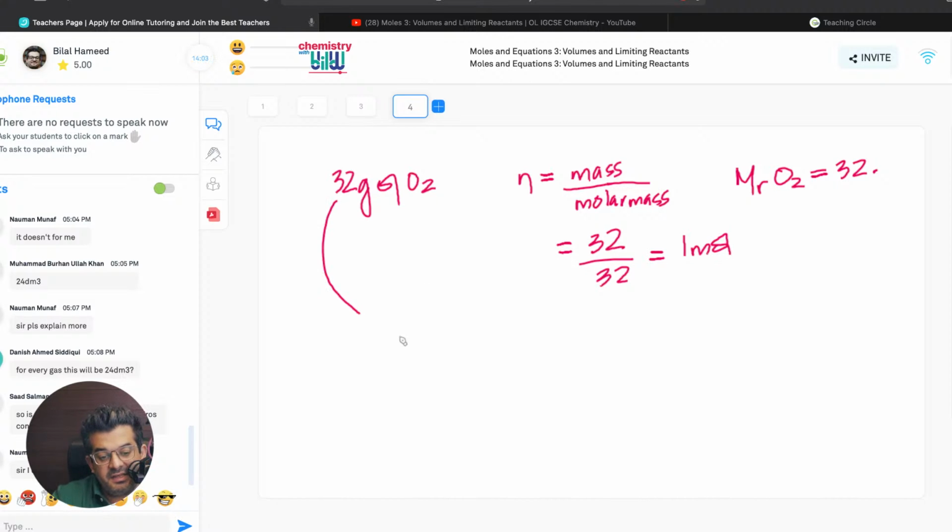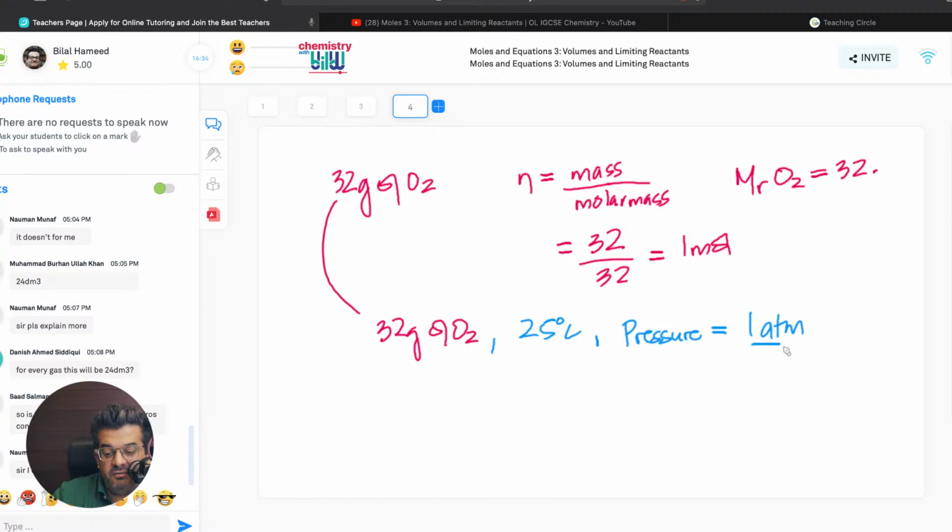What that means is that if I take 32 grams of oxygen and I make sure its temperature is 25 degrees centigrade, I make sure the pressure, and if you don't know what pressure is in its units, then that's a different ball game. But it's a quantity of a gas.